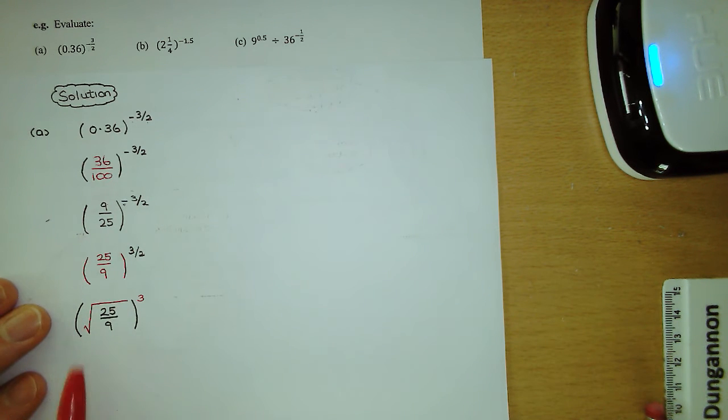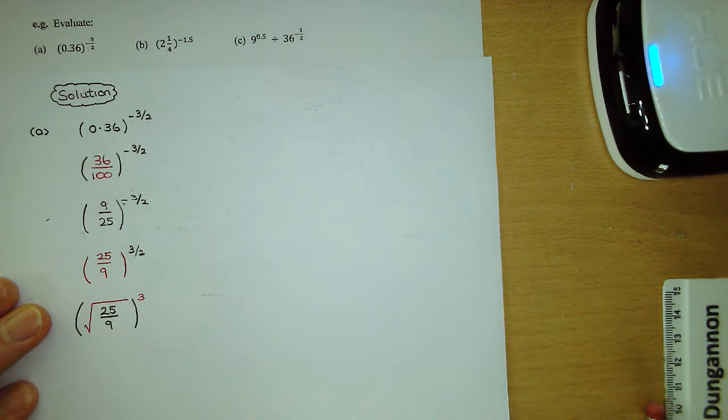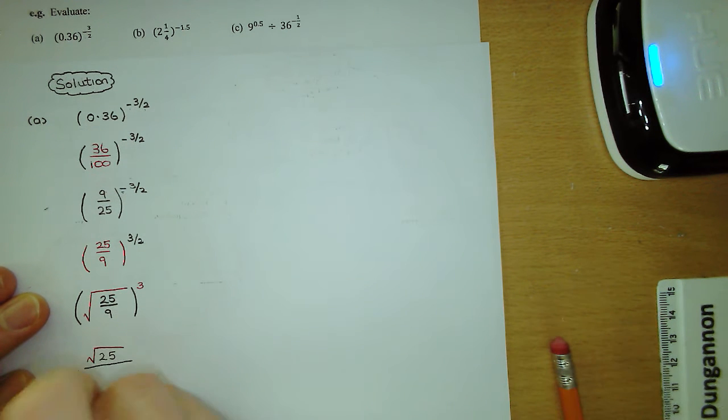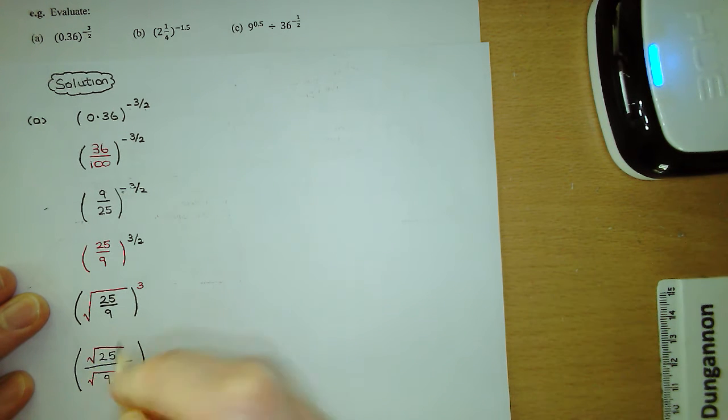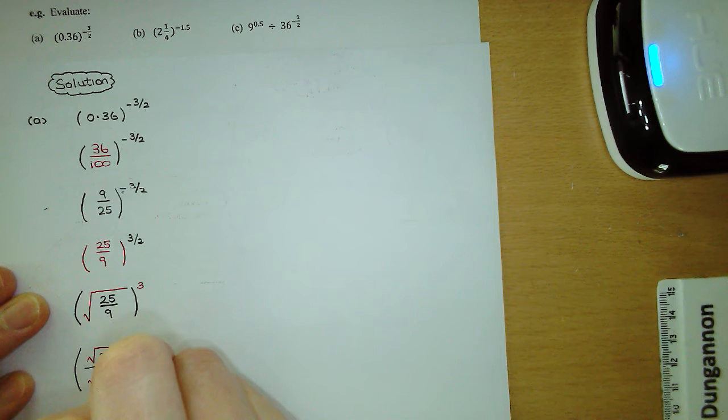So we're taking a square root of a fraction, so we can break it up into 2 separate square roots. So we can take the square root of the top line, 25, and that goes over the square root of the bottom line. Copy our brackets down, and then copy our power outside.